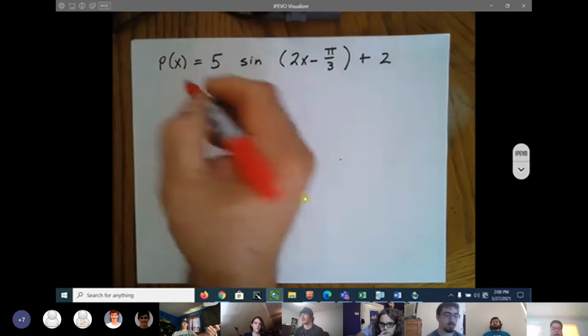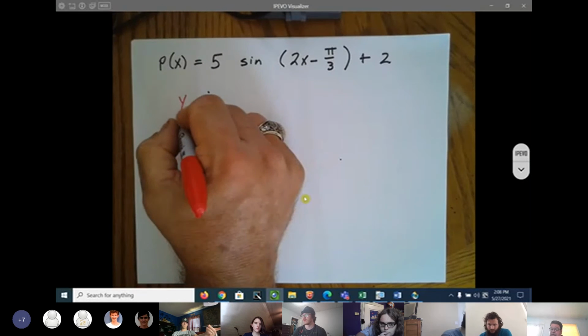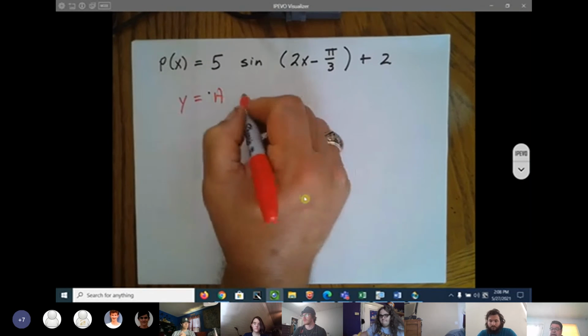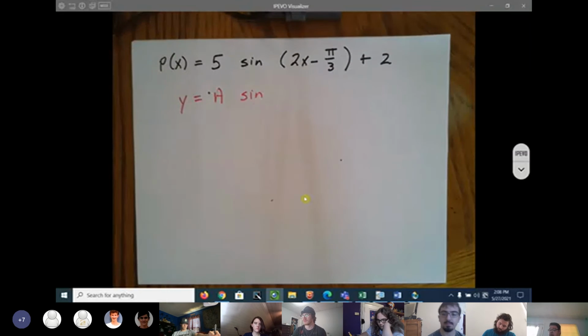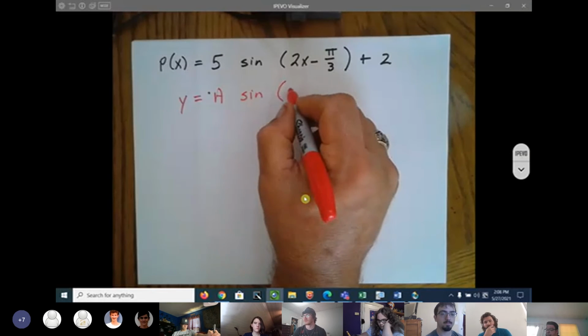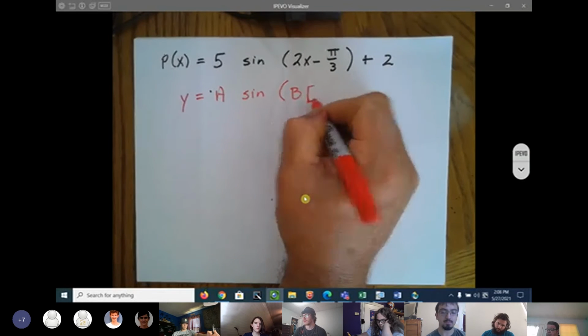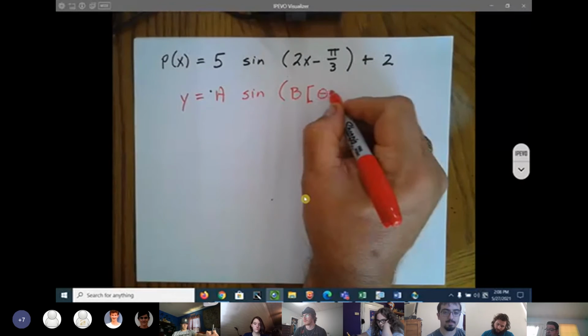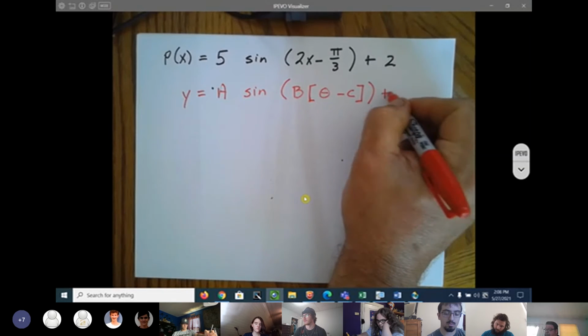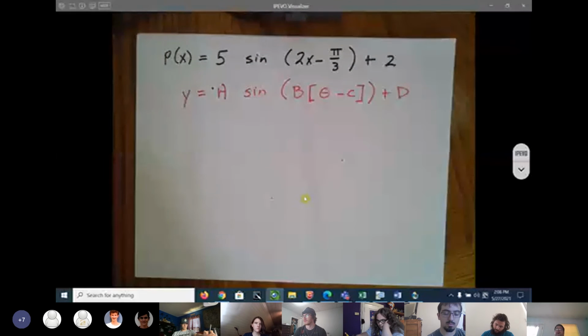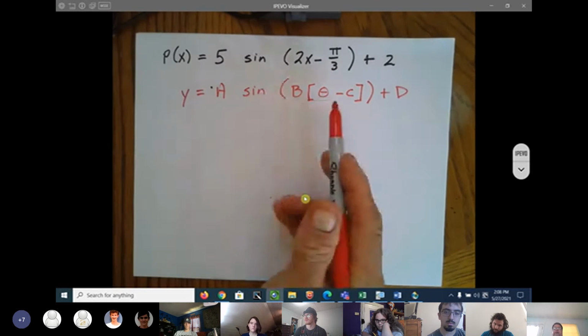You want it in this form. y is equal to A times, in this case, the sine, could be cosine or tangent or whatever, B, brackets, theta minus C, close brackets, plus D. That's the form you want it in. Kind of like when we do completing the square and we get it in the intercept form. This is kind of the intercept form for a trig function.